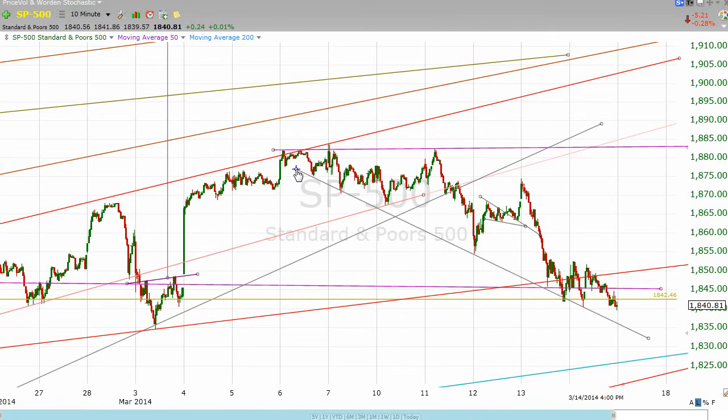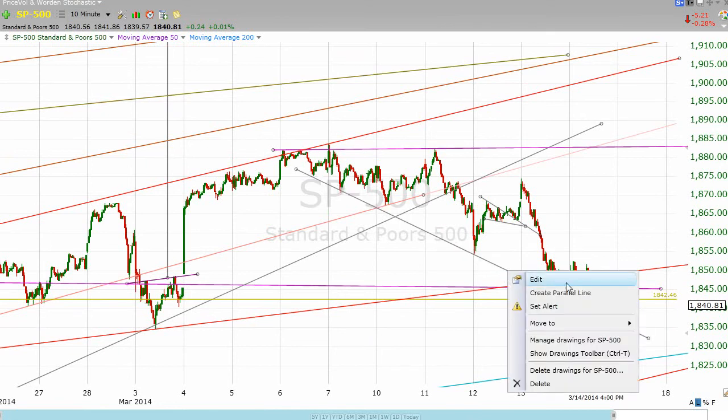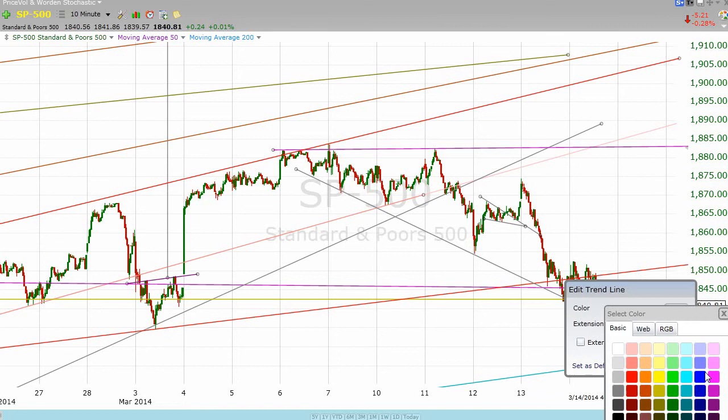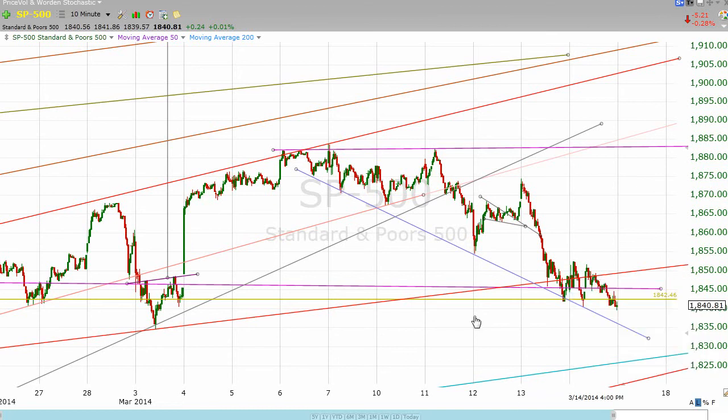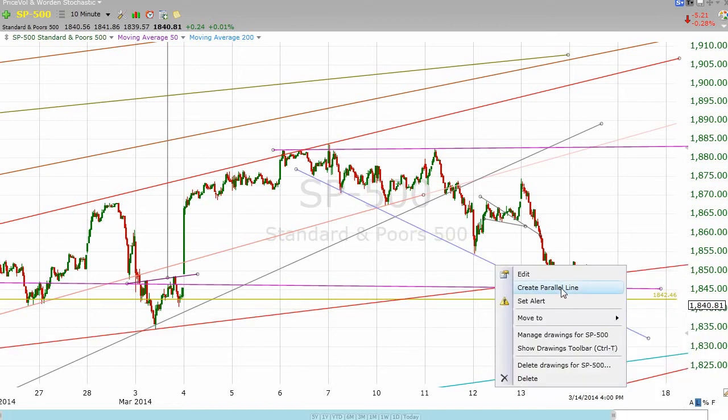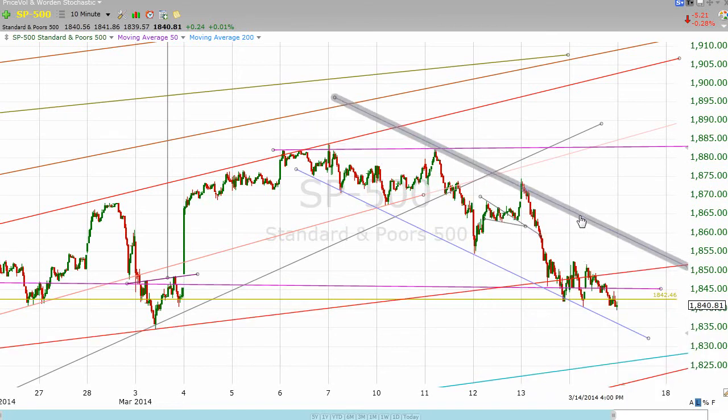And let's make this a light blue color. If we do the old parallel line thing, you can see that we almost have highs that line up here and here. Not exactly.